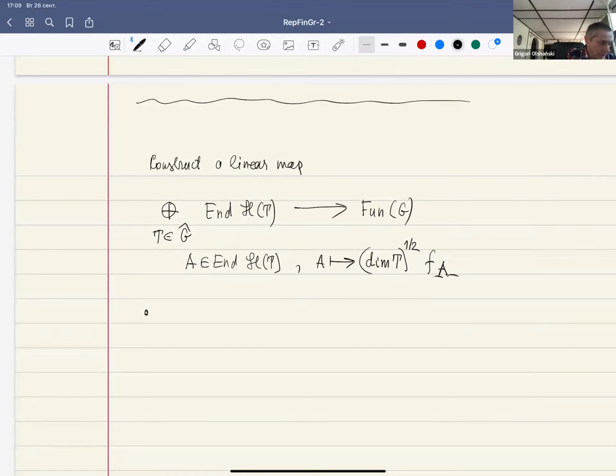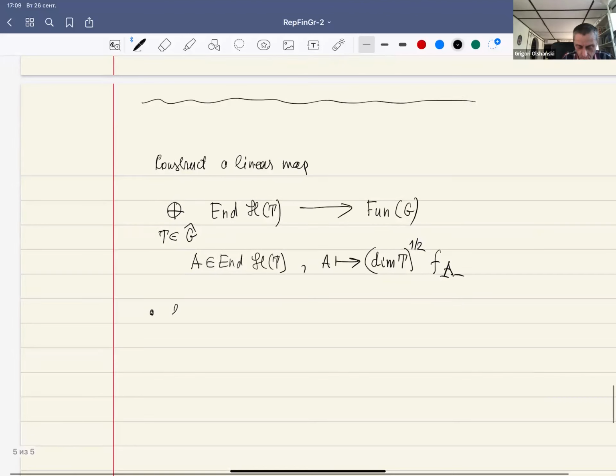So what I want to claim: this is linear, this is obvious, this is injective. Why injective? This is a corollary of the orthogonality relation. Moreover, it is not only injective, it is isometric, and hence it is injective.